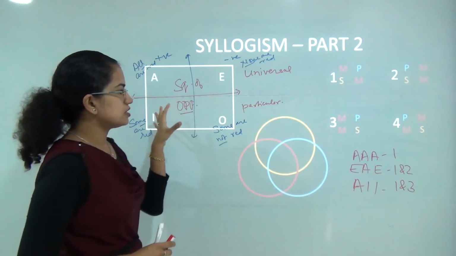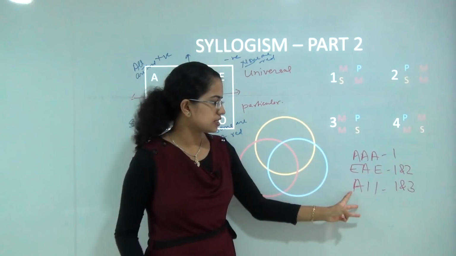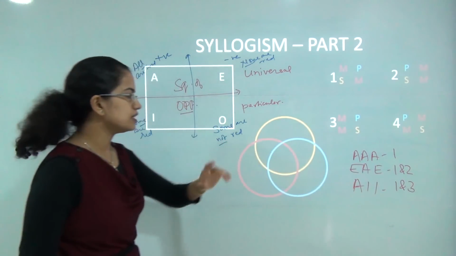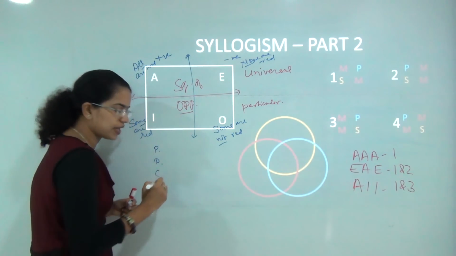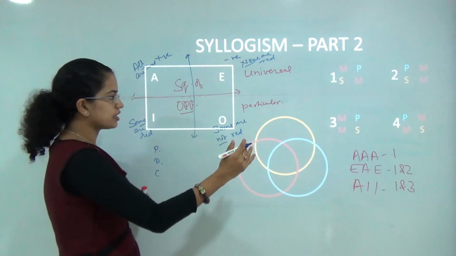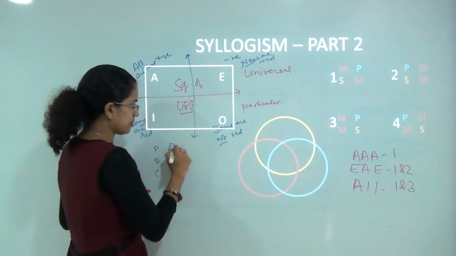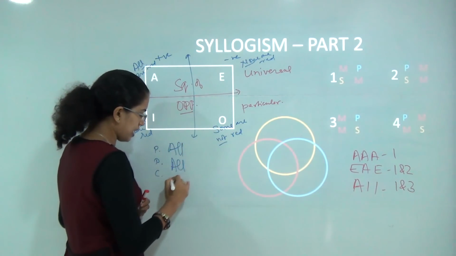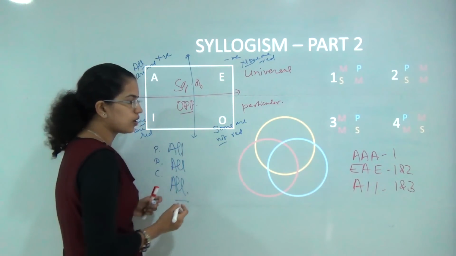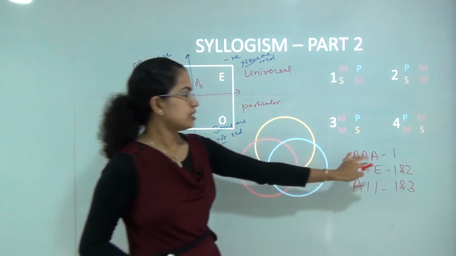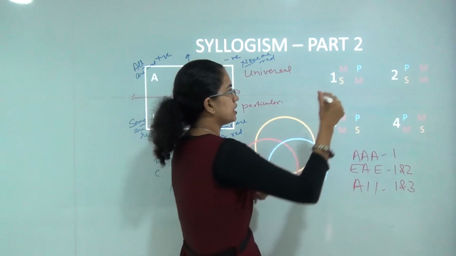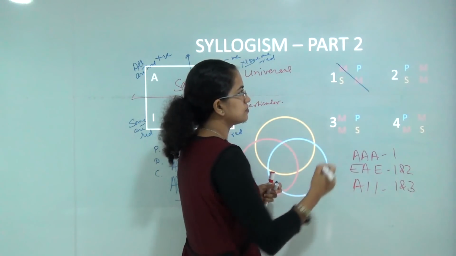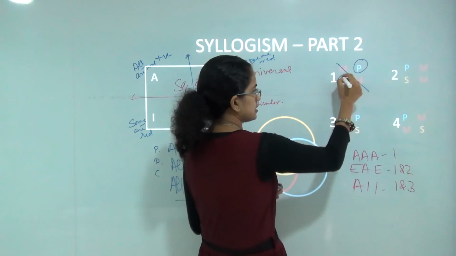Based on this, we have already done three cases yesterday. That was AAA. That means we have three propositions: two premises, and based on that we have a conclusion. Both the premises start with all and the conclusion also starts with all. Out of the four conditions that we consider, the red ones are the cancelling terms, P is the predicate, S is the subject.